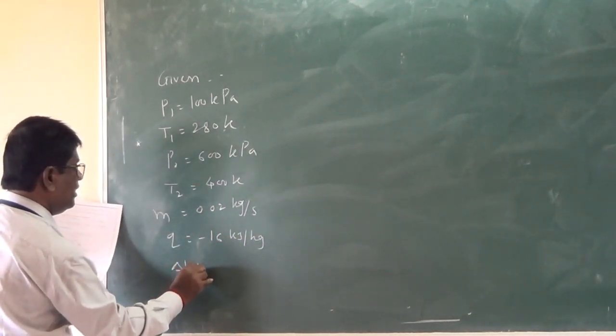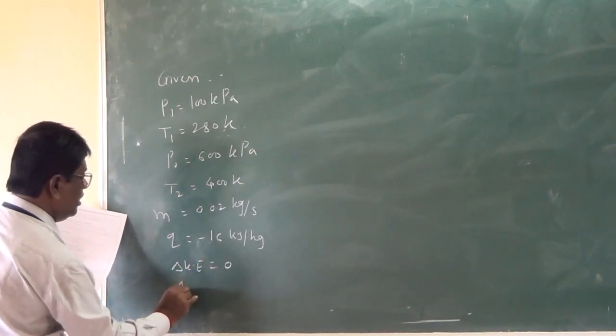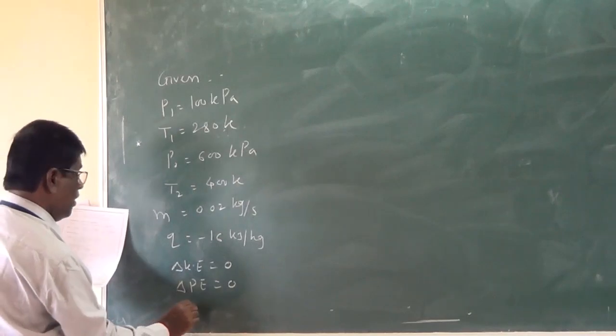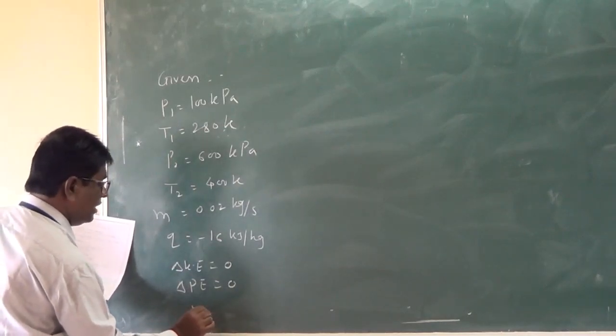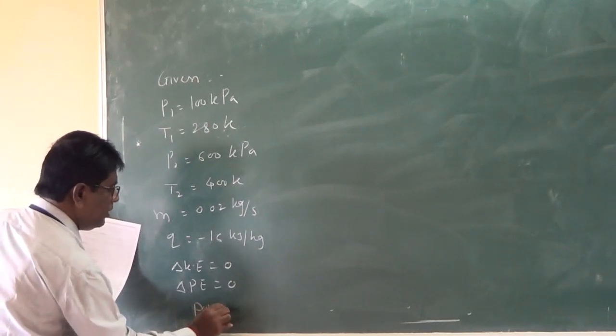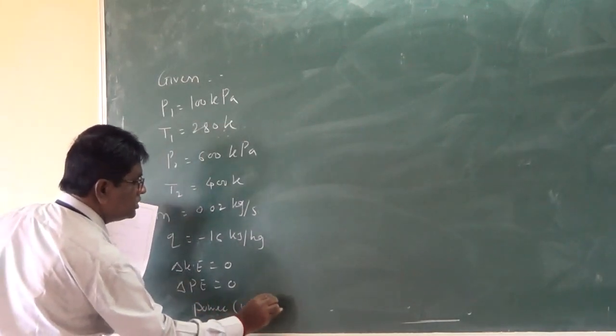Delta K is equal to 0. Delta P is equal to 0. Then what is the power? Question mark. Or we call it W, question mark.